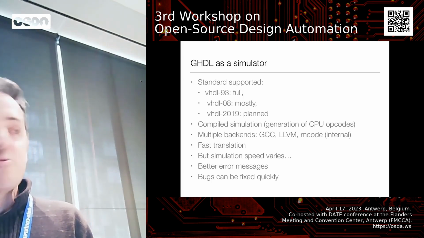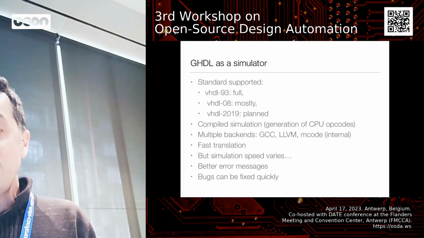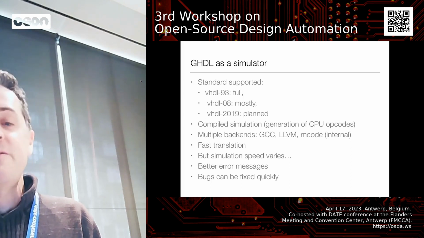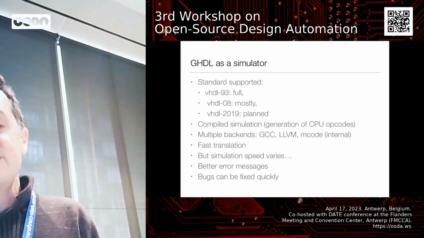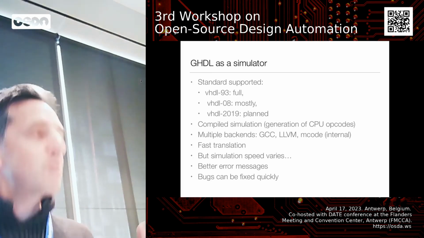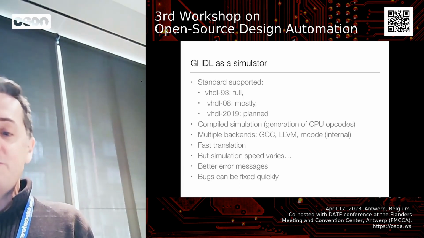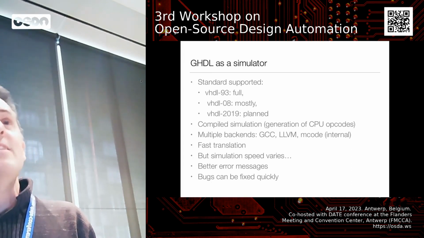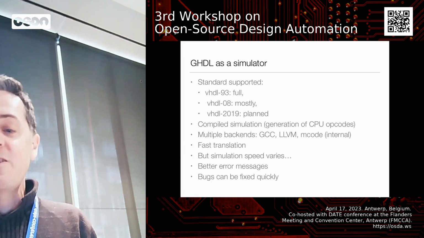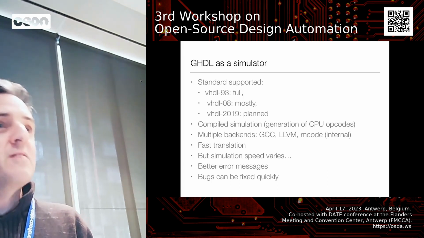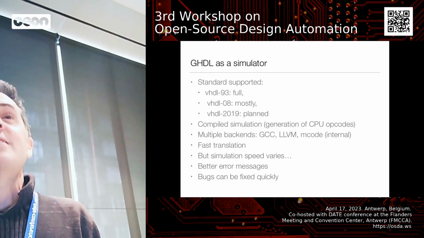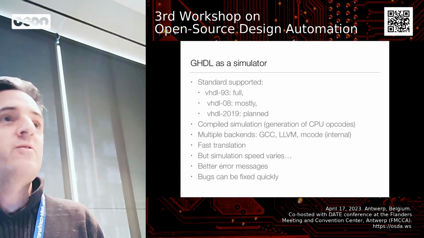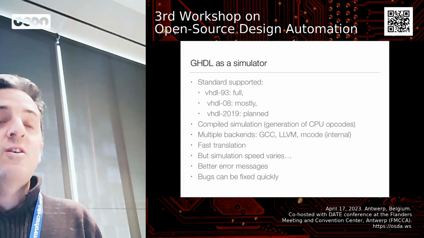It can also be used with LLVM, and there's also an internal code generator named mcode, which has the advantage of being very fast in generating, I would say, rather good object code. It's quite fast, at least for code generation, but the speed of simulation is not that fast, in particular if you use a lot of signals.